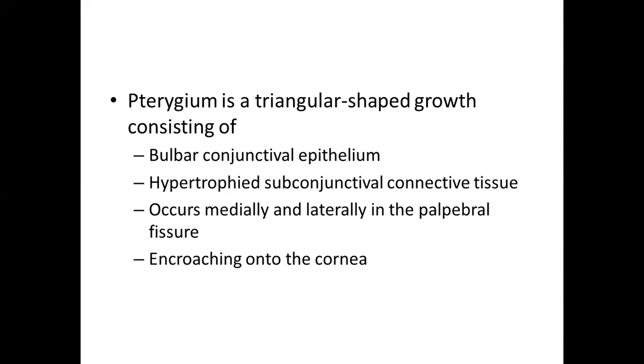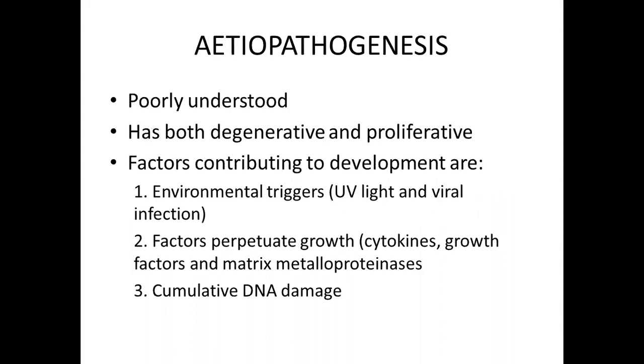It can affect the medial aspect of the conjunctiva or even the lateral aspect, but the commoner one is from the medial aspect. Like I said, it encroaches onto the cornea. As it grows, it doesn't bulge out like a ball. Rather, it progresses and encroaches onto the cornea. Next slide, please.